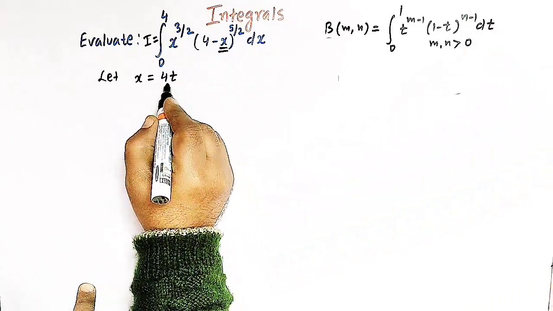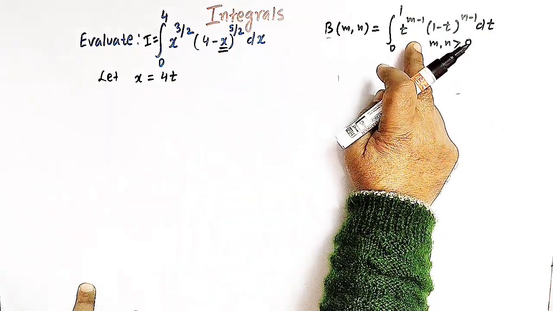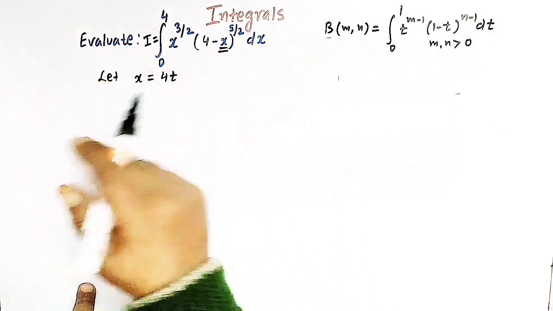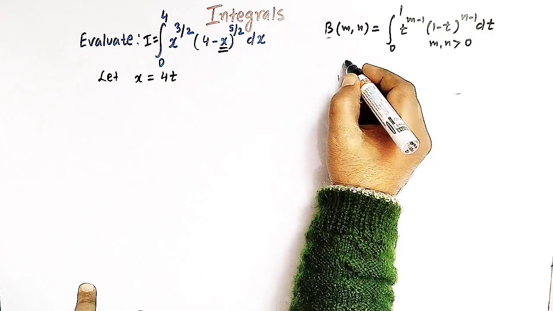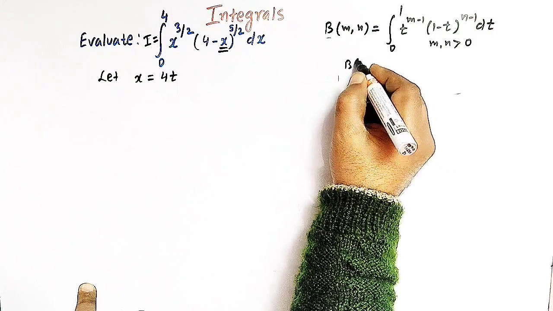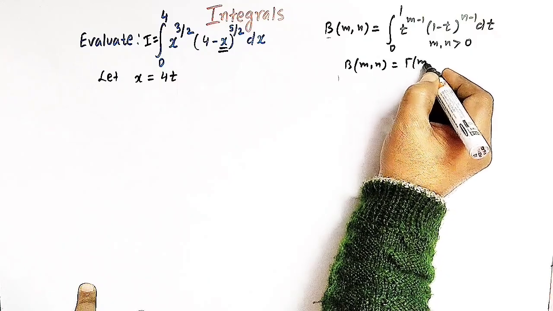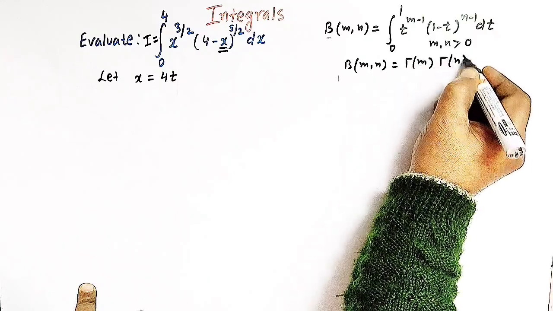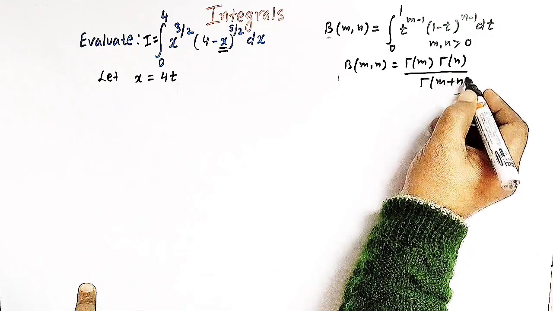Then we'll apply the relationship between beta and gamma functions, that is beta m comma n is given by gamma m gamma n divided by gamma m plus n.